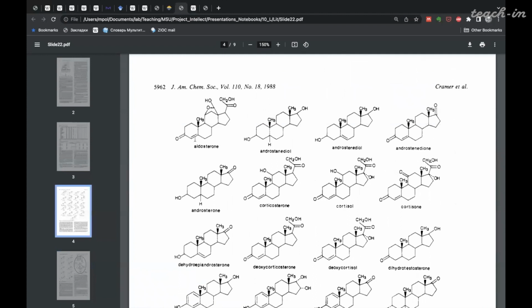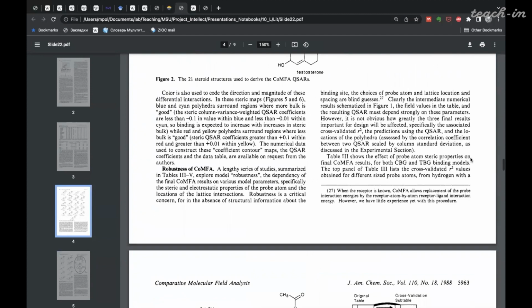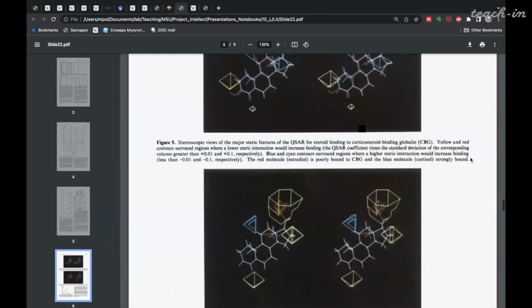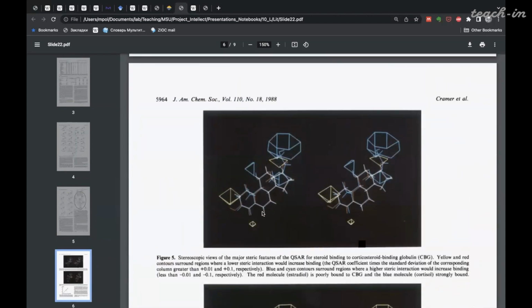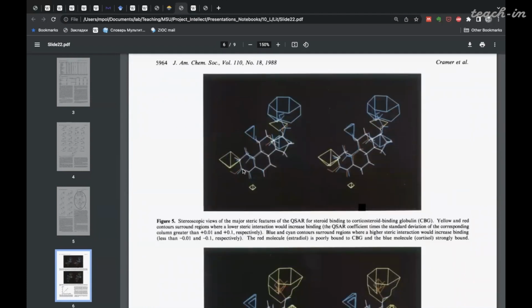only side groups can show some conformational mobility, let's say. So in this figure, for example, you can see that it's quite easy to superimpose every molecule in the data set, and it's easy to orient them in the same way.